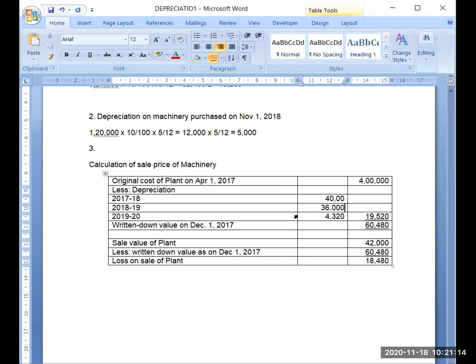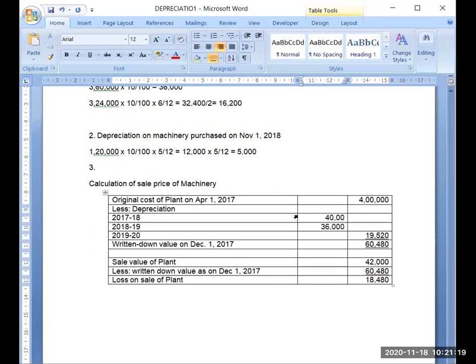And third year depreciation has been calculated as 16,200.